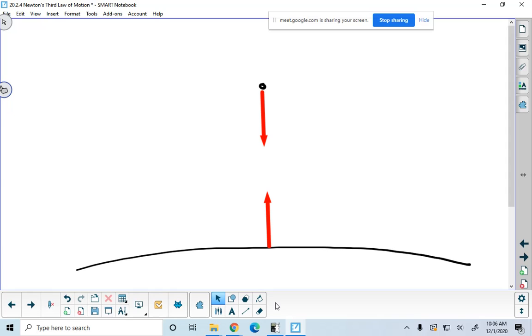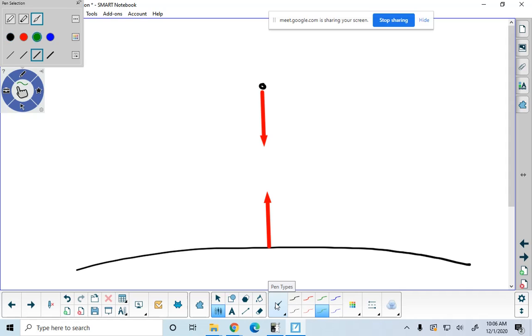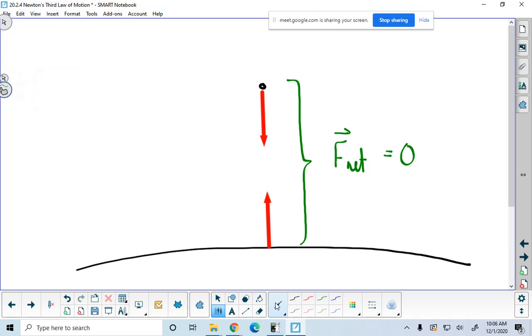Now, there's a reason why we only analyze the forces on the apple, because if I asked you what the net force acting on this whole system is, the net force acting on this entire system is 0. There is a net force that's not 0 acting on the apple towards the surface of the Earth, and there is the same net force that is not 0 acting towards the apple on the Earth.